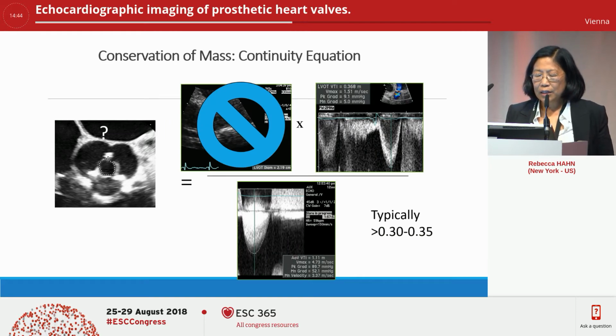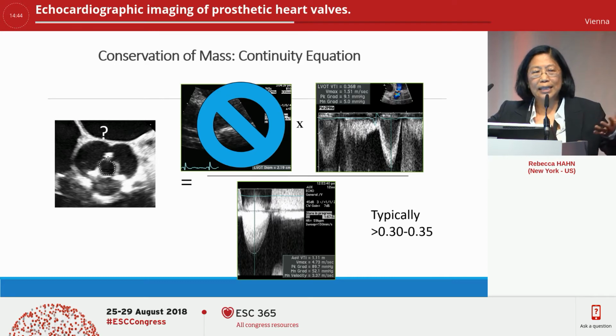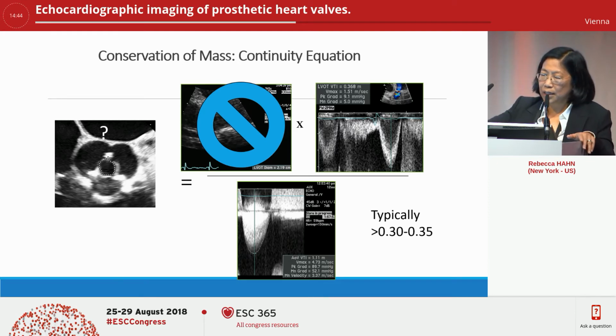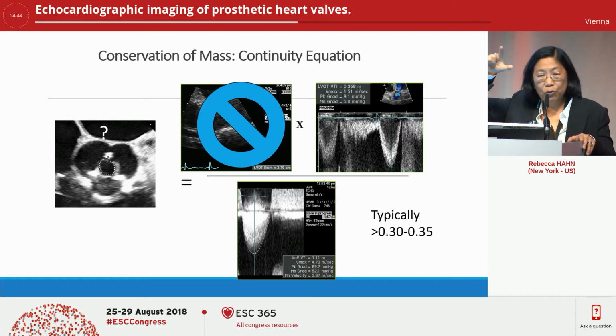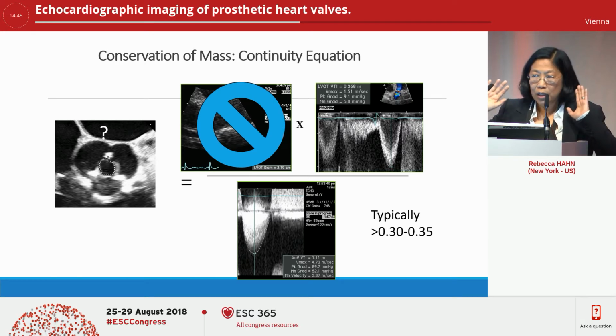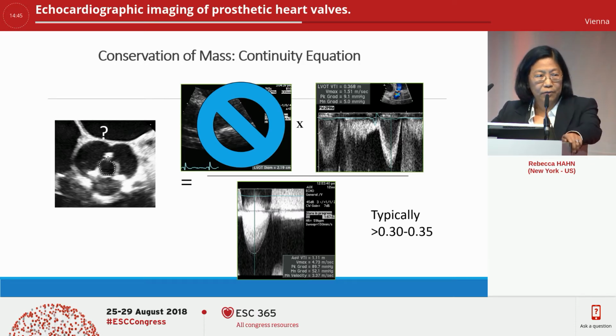Remember, in the setting of a prosthetic valve, whether it's a transcatheter valve or a surgical valve, the accepted way of measuring the outflow tract is from the outer edge of the sewing ring to the outer edge of the sewing ring. It's all below the valve, outer to outer, and that's considered the standard procedure for assessing the LV outflow tract diameter, and that's true for the transcatheter valves as well.